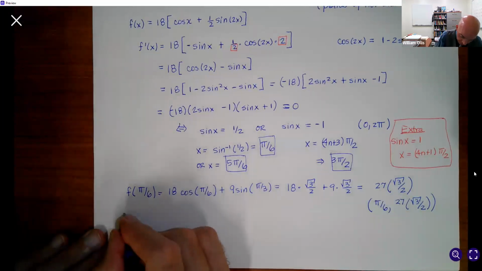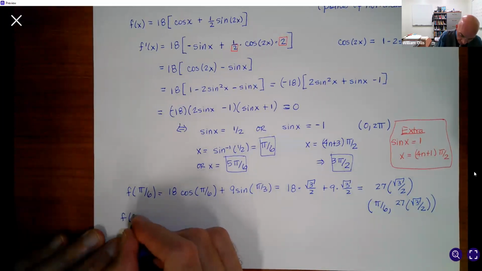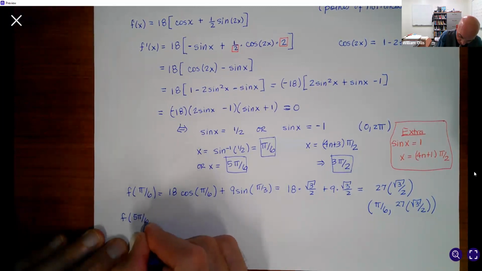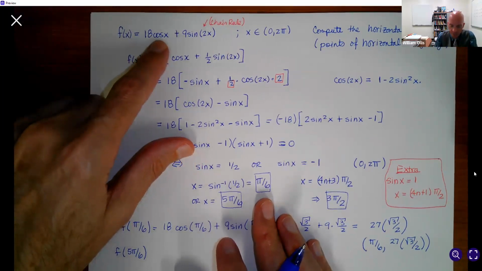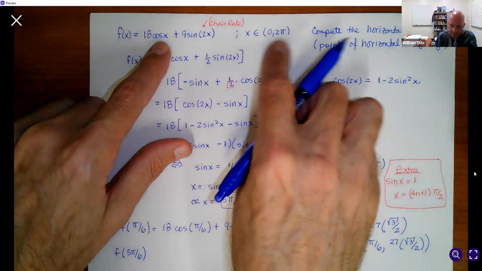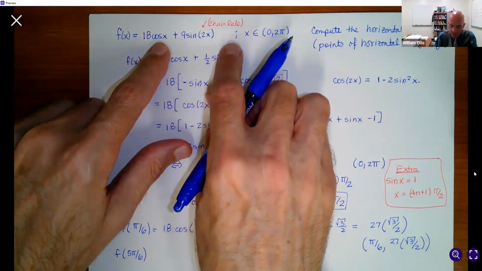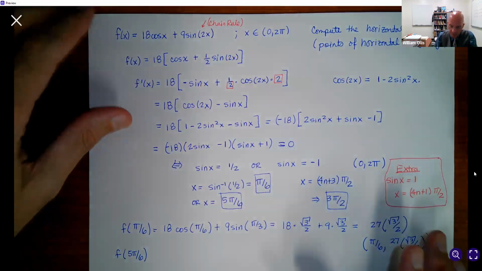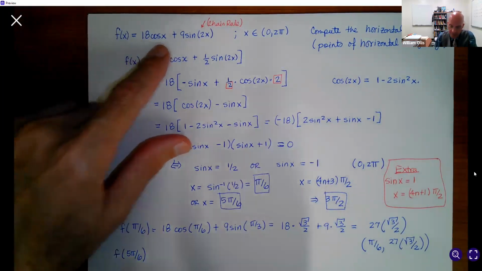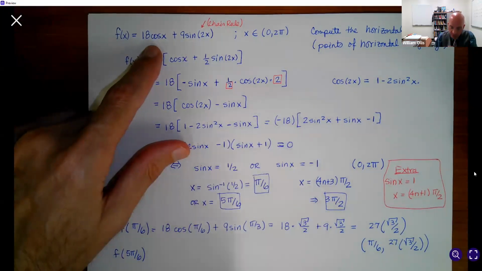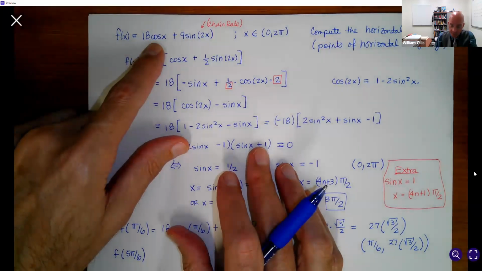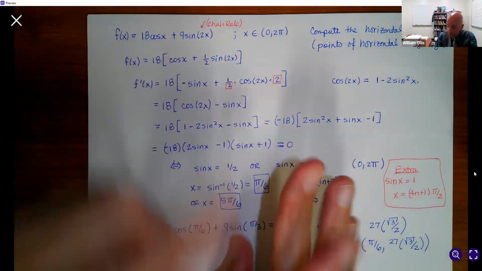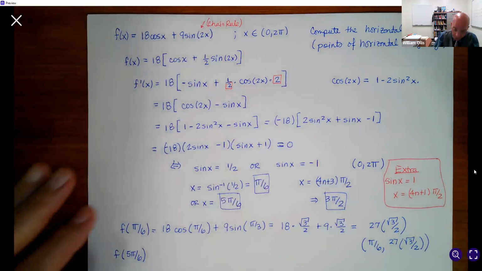Now let's do f of, okay, what? 5 pi over 6. Now you look at this function and see, if we replace, it's not an even function, nor is it odd, so we don't have the luxury of that. But the idea is that if you replace x with negative x, then that negative absorbs, and then this one factors. So let me just write that down.